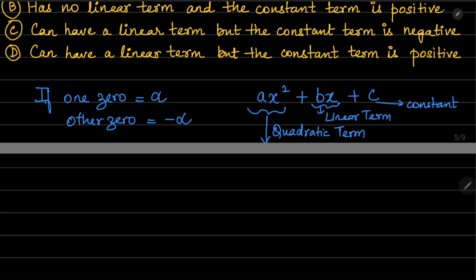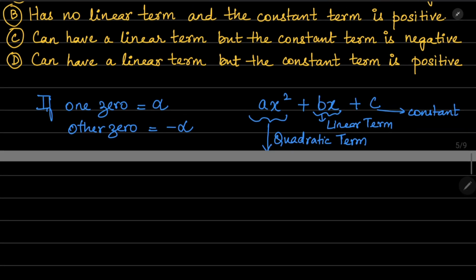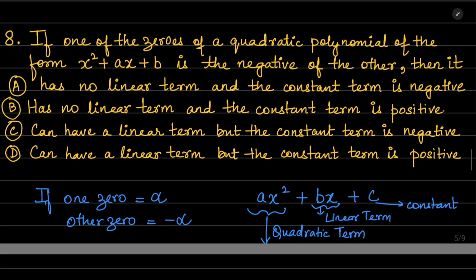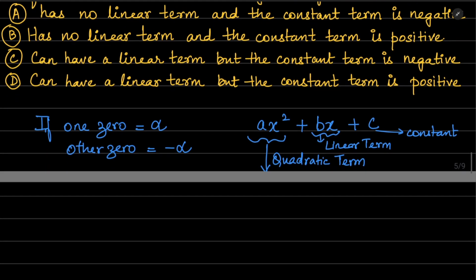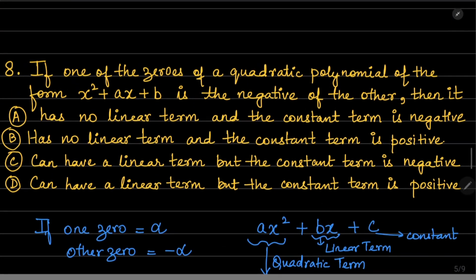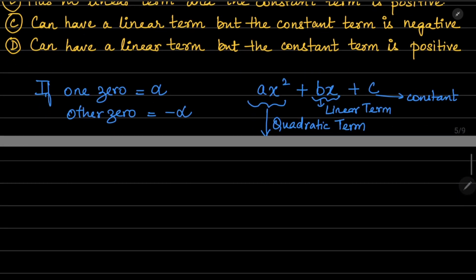Now, according to the question, if one of the zeros is alpha and the other is negative of alpha, then what is the quadratic polynomial? The formula is k multiplied by x square minus the sum of zeros into x plus the product of the zeros.